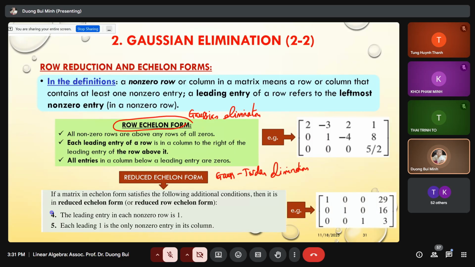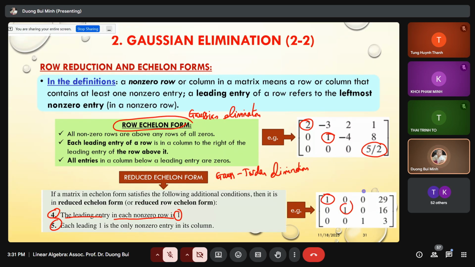So we follow the following two properties. The leading entry in each non-zero row is 1. So if we consider row echelon form, this is the leading entry, and this is the leading entry of the third equation. So now we would like to modify 2 to become 1.